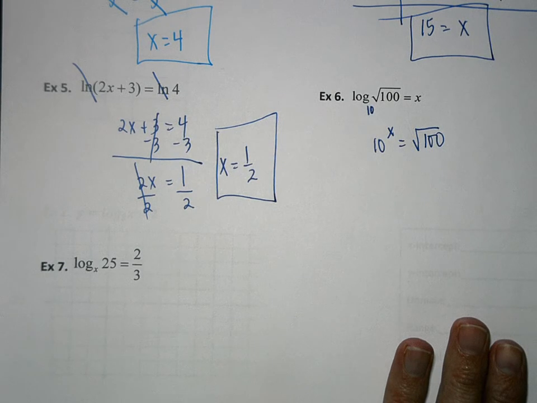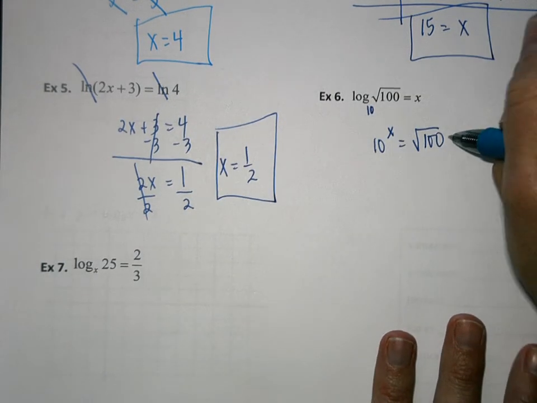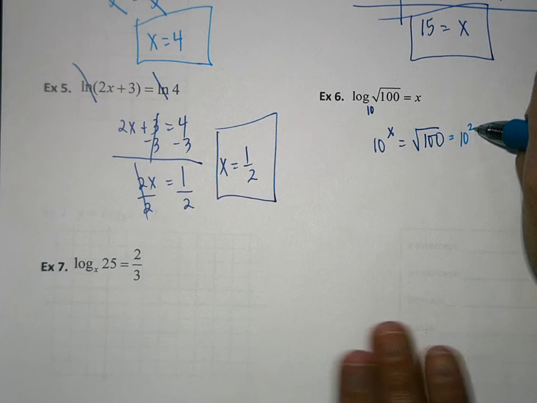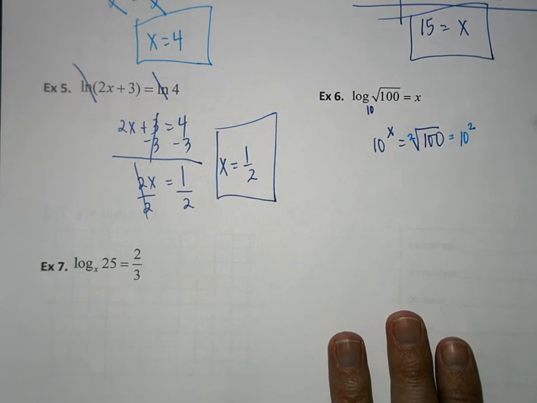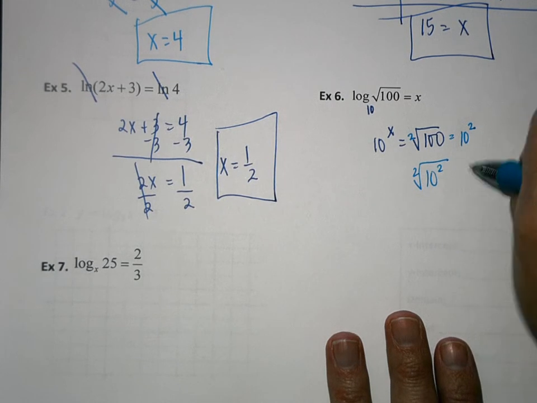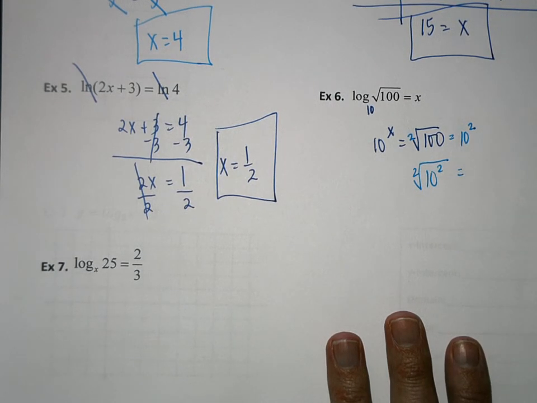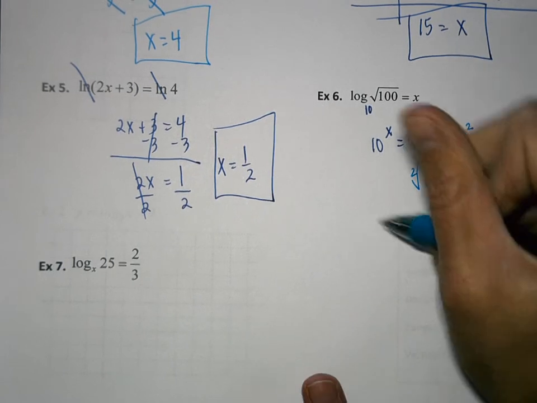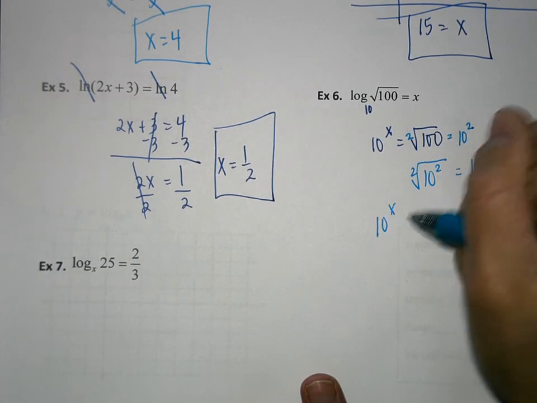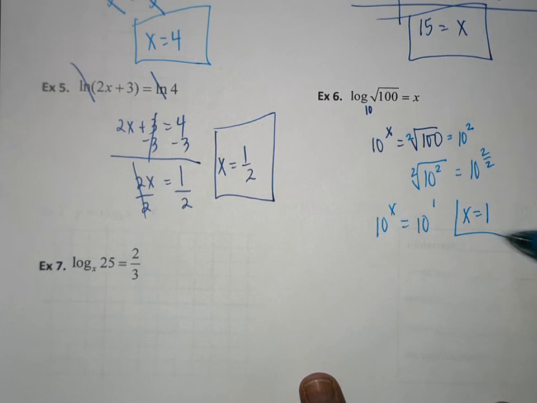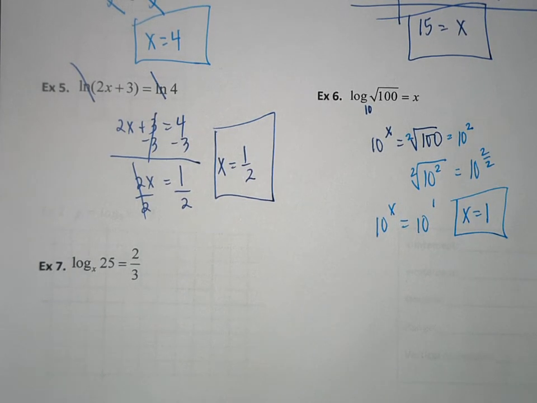If you wanted to make this base 10, you would write this as 10 squared, and then x equals 2. So if you have the square root of 10 squared, when you write that in exponential form, you get 10 to the 2 over 2, which is really 10 to the first. So 10 to the x equals 10 to the first, which means x equals 1. You could have figured that out in a less complicated way.